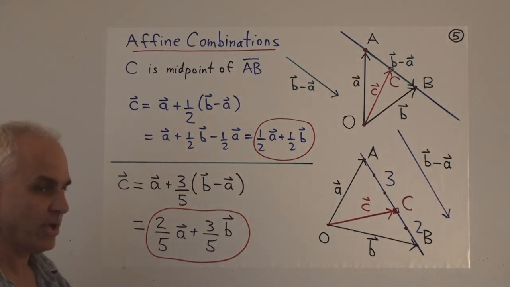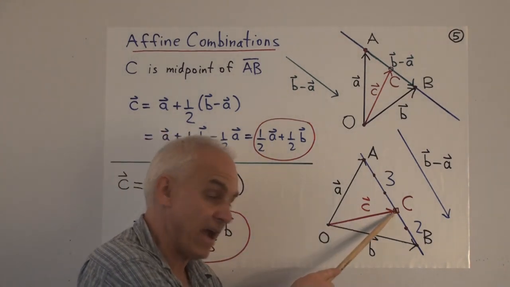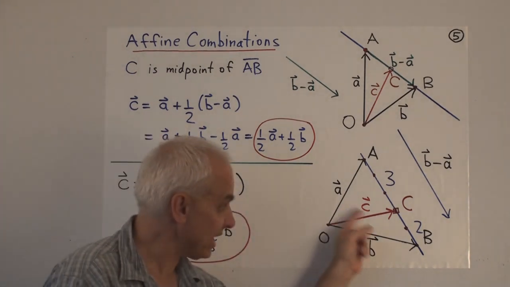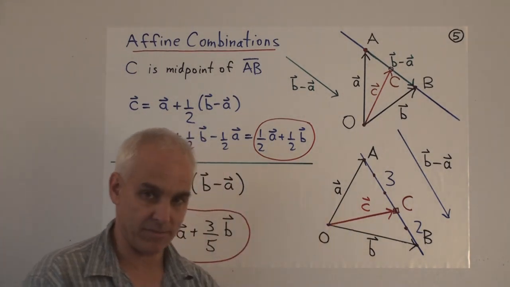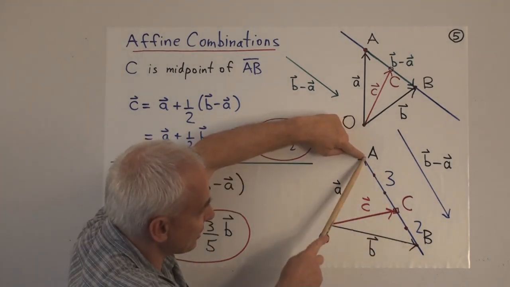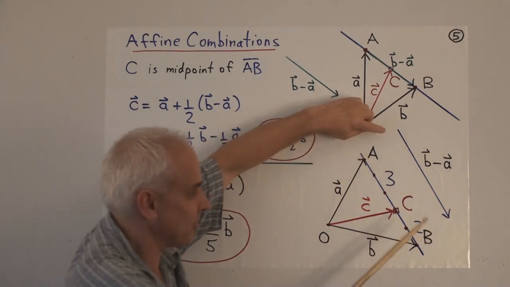And again, what we want to do is describe this point C by describing the vector c from our observation point. And we want to express c in terms of the vectors a and b. And again, as before, the vector joining A to B, which is this vector here, and I've written it over here so you can see it more clearly, it's the same vector.